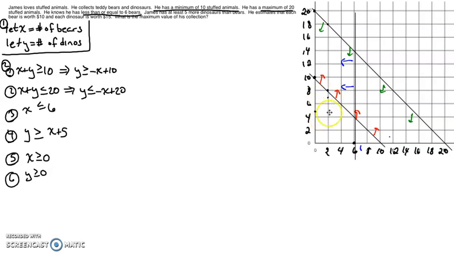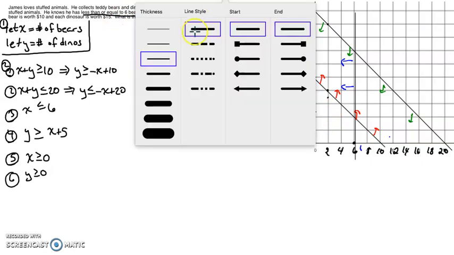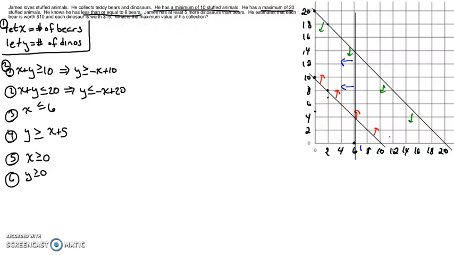So there's our second point. We need to graph that line. So we'll connect these two dots. And we want it to be greater than, so we're shading above that line.